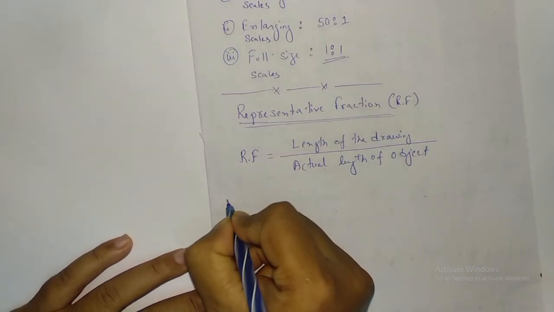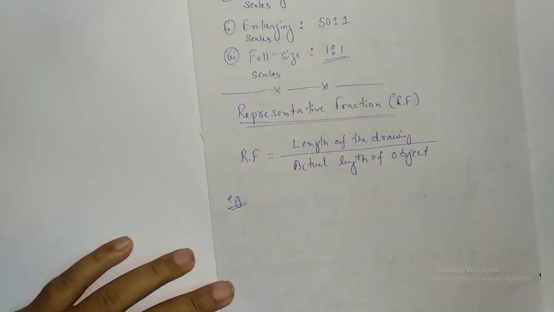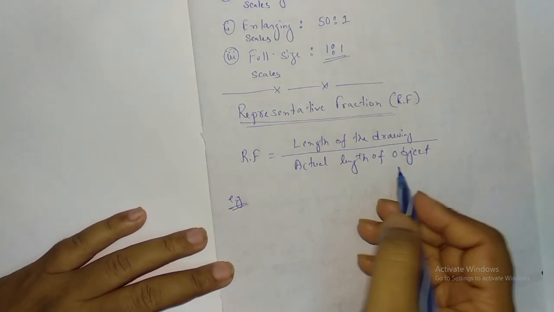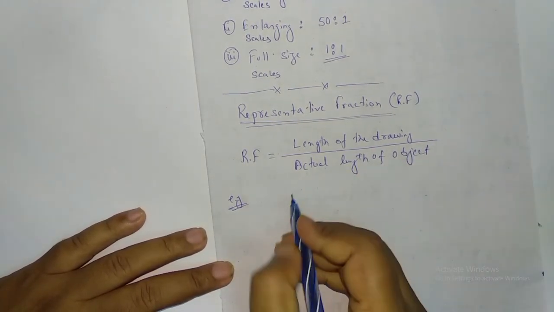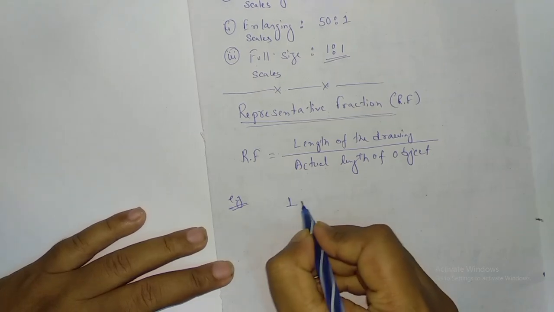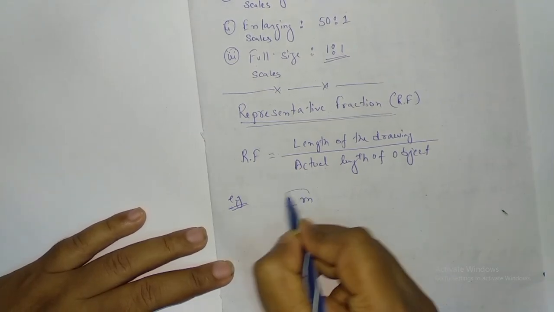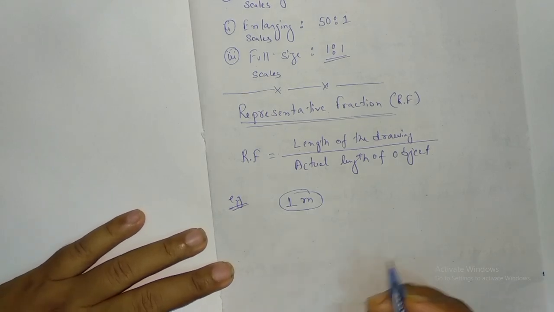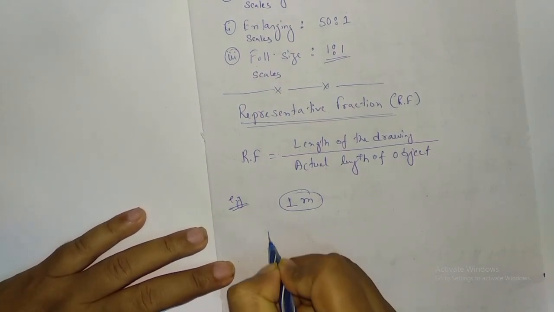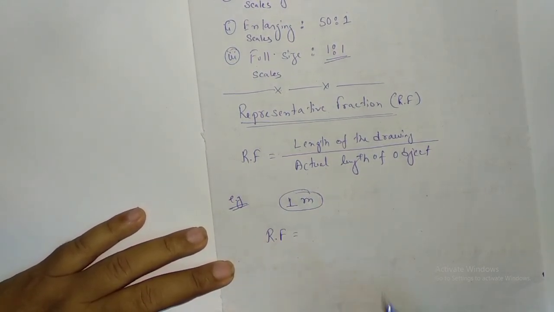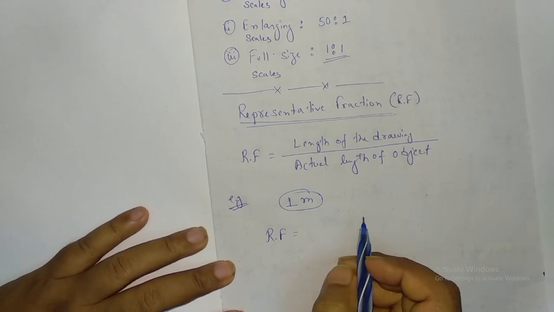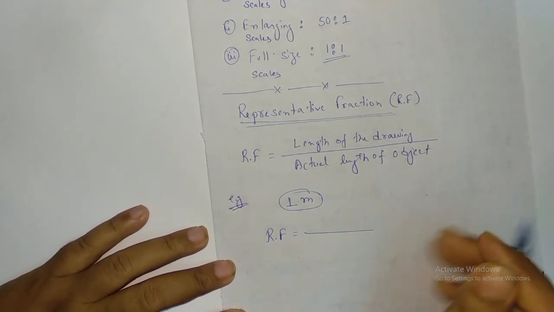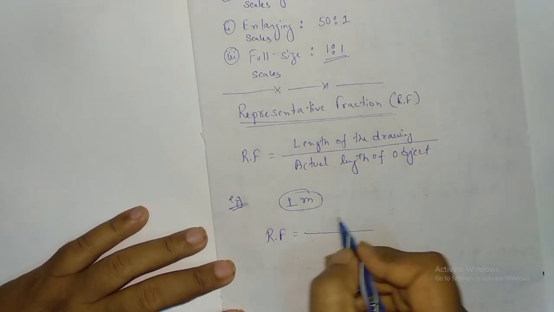So suppose I take one example. Suppose the actual length of the original dimension is 1 meter. In that case, what is your representative fraction, RF? Suppose I take 1 centimeter: 1 meter equals 1 centimeter in the drawing chart.